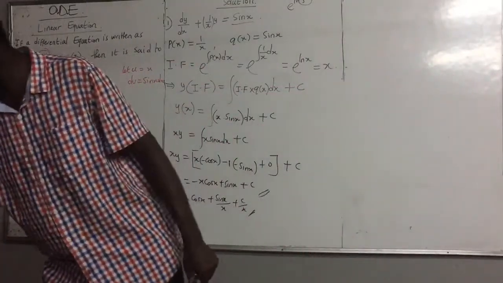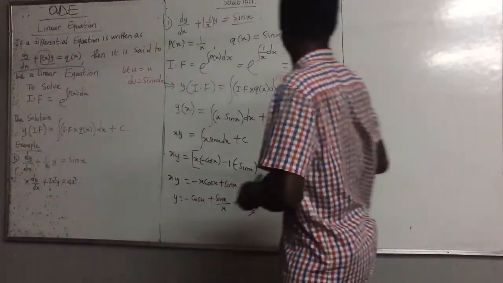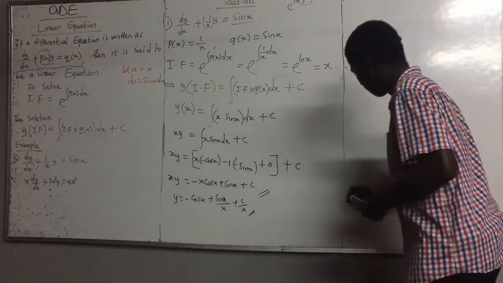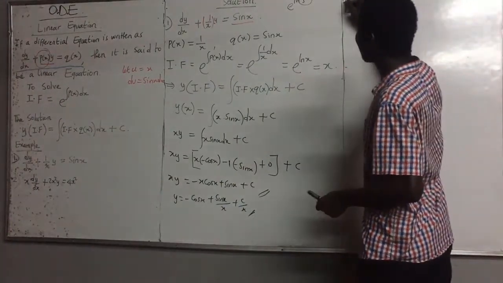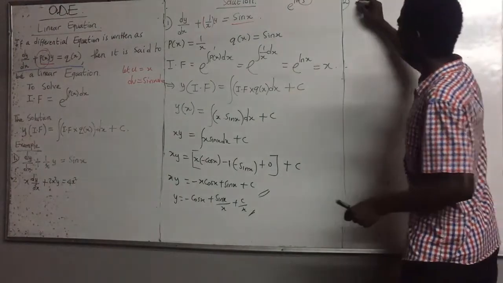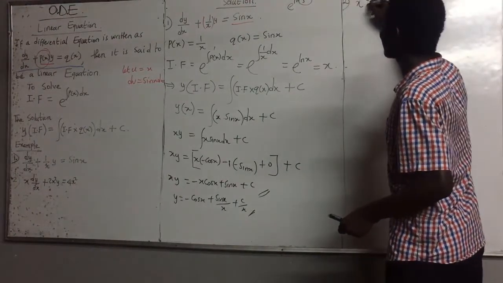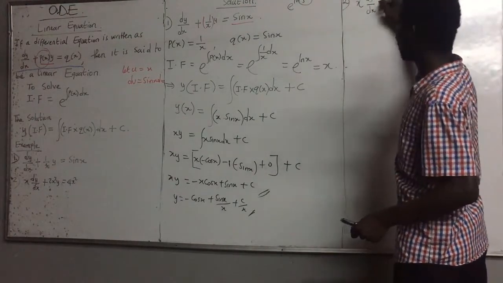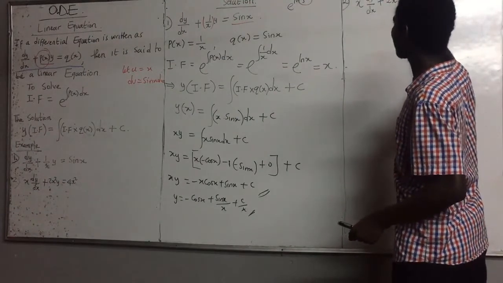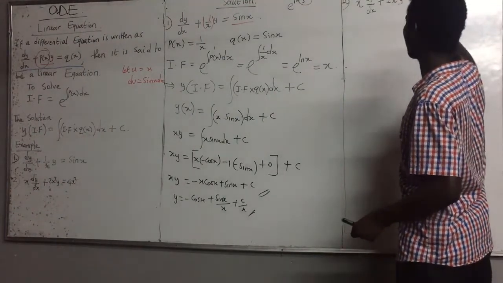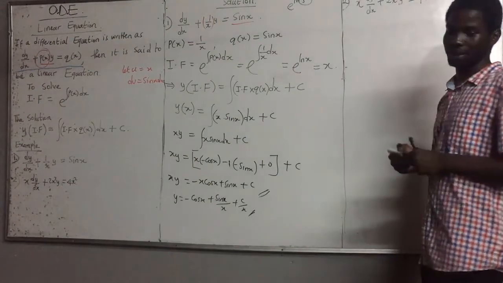Let's move to the next question. Number 2. I have x dy dx plus 2x squared y is equal to 4x squared.